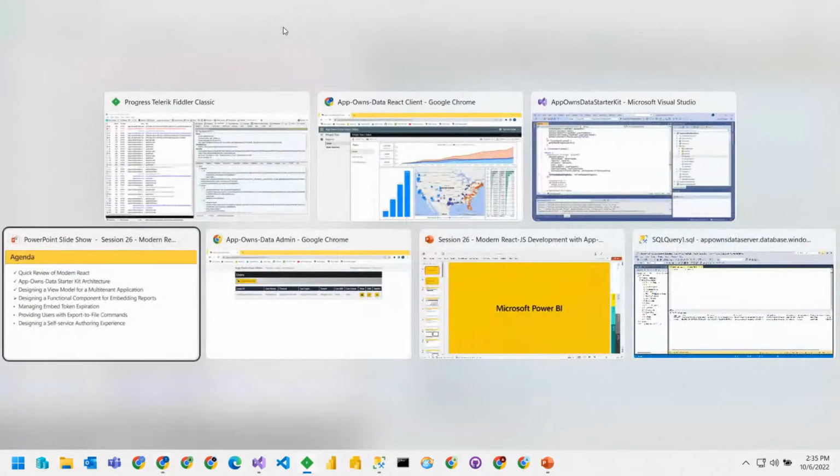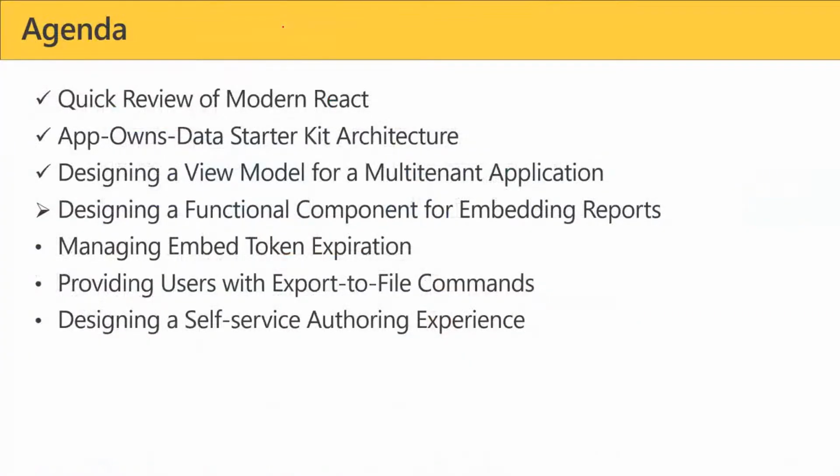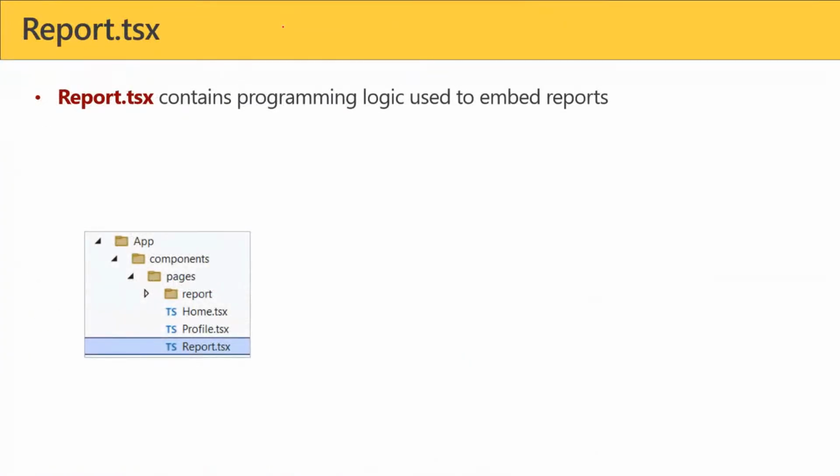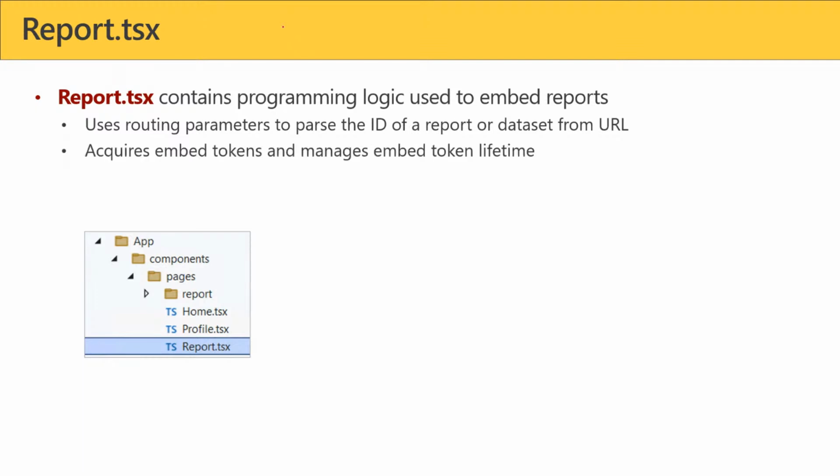So the things that we need to know to make all this work is that most of the code we're going to look at is in report TSX. So report TSX has to deal with the routing, to parse the parameters and get the ID of the report. Or as you'll see, it could be the ID of a data set from the URL. The report is also going to acquire embed tokens.